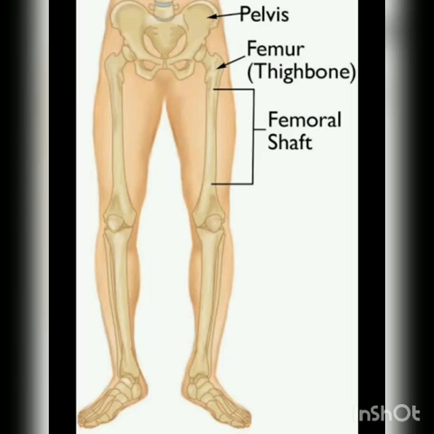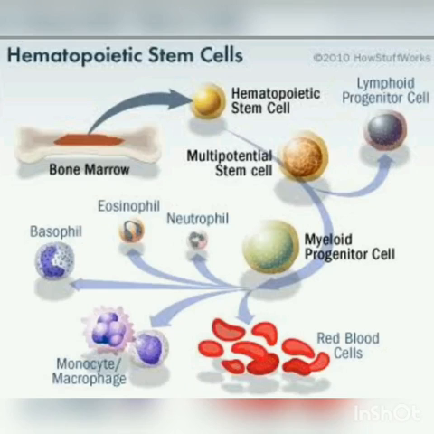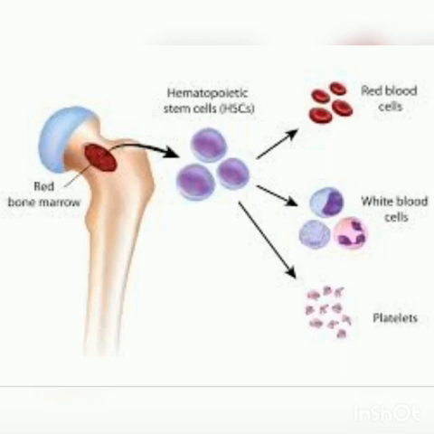Muscles along with bones are helpful for movement. The bone marrow in some bones is the site for the production of blood cells. So in bone marrow blood cells, RBC, WBC, platelets are produced. It is a site for the production of blood cells.